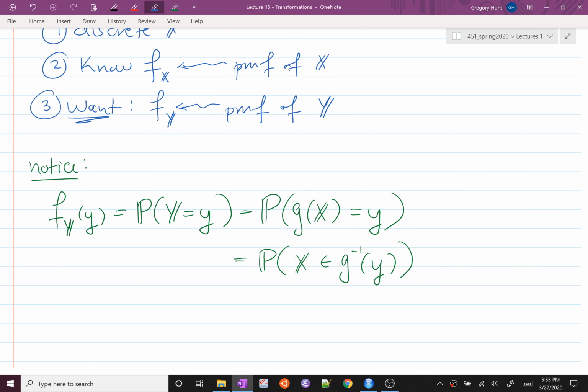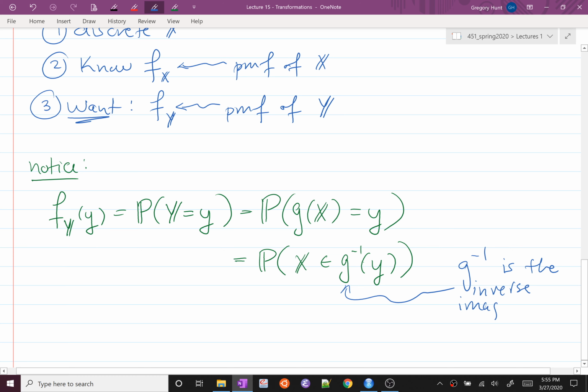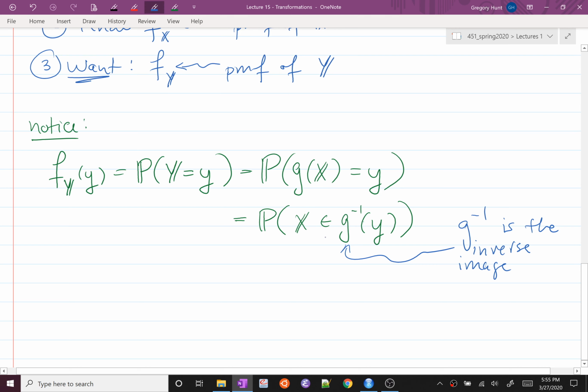So we should be careful here. This g inverse is the inverse image of g, and so it could be a set. That's why I write "in" and I don't write equals. It could be that there are more than one thing.